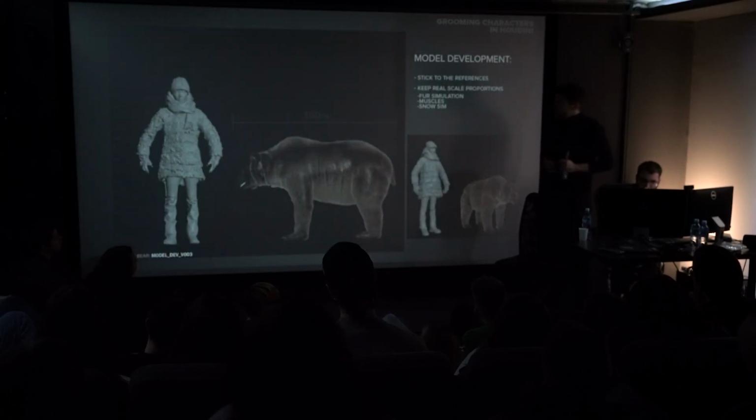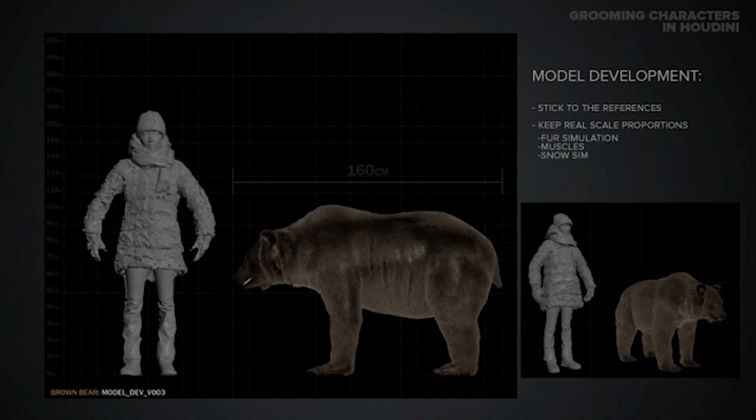In every model, a few simple rules: stick to the reference. When you think you know some stuff, believe me, you don't know as much as you think. So look at a thousand references of how a bear looks when you actually start to build. References are key.